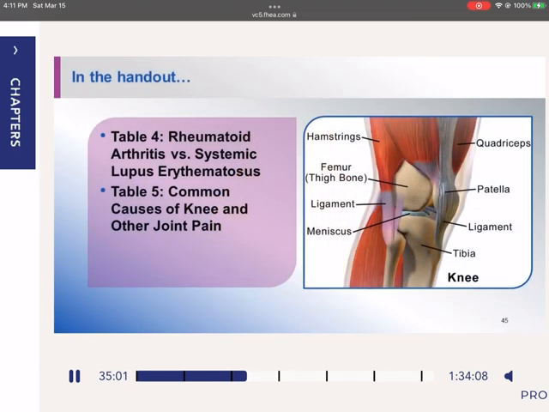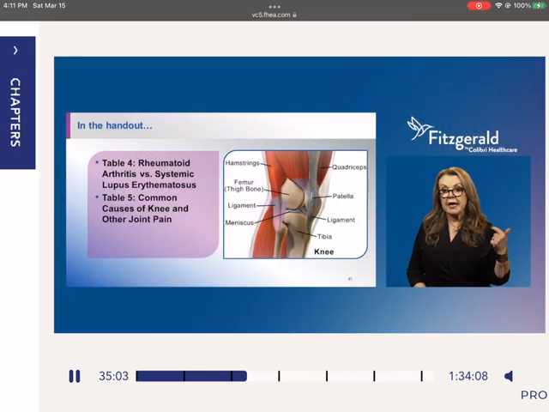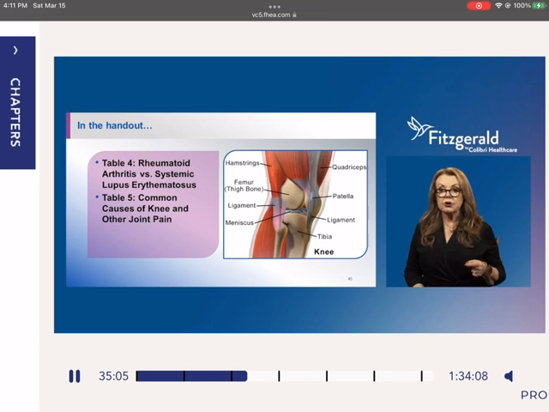In the handout, we've included a table for you to add to your study on rheumatoid arthritis versus systemic lupus. Please include that within your study. In your handout, also, Table 5, common causes of knee and other joint pain.